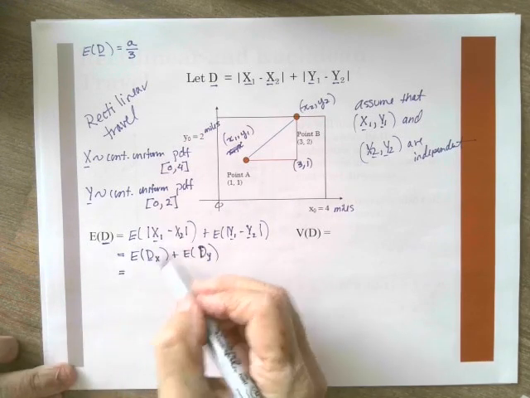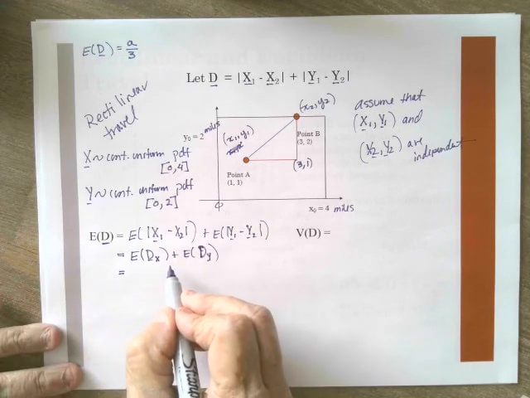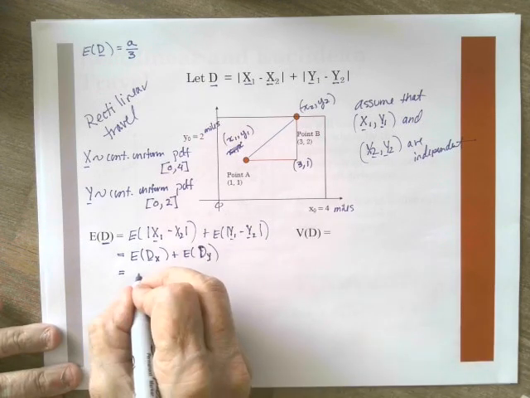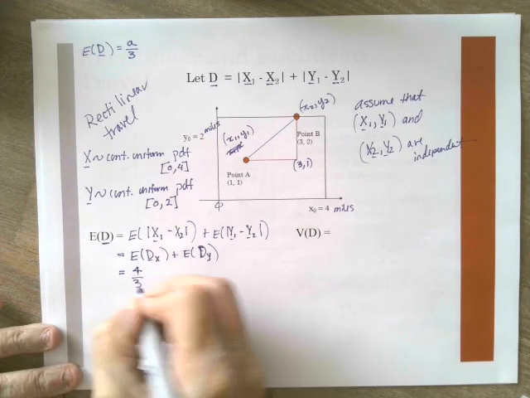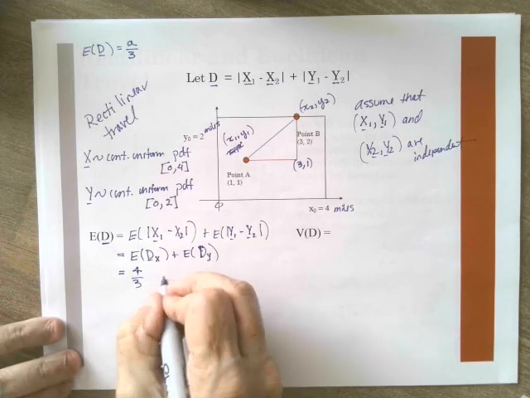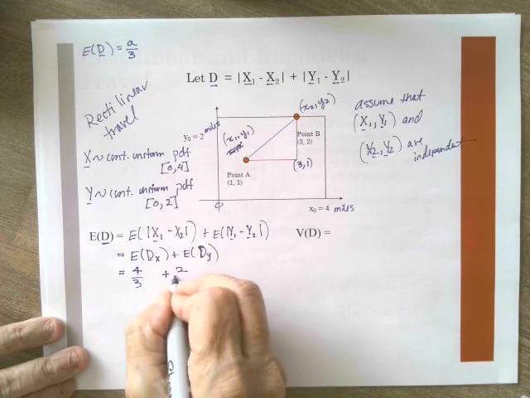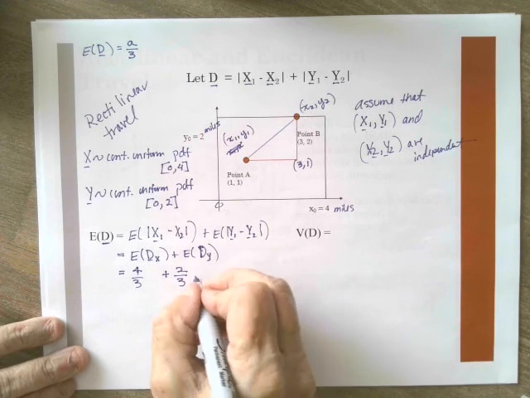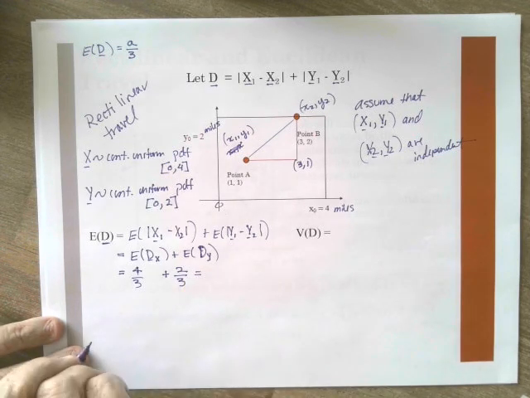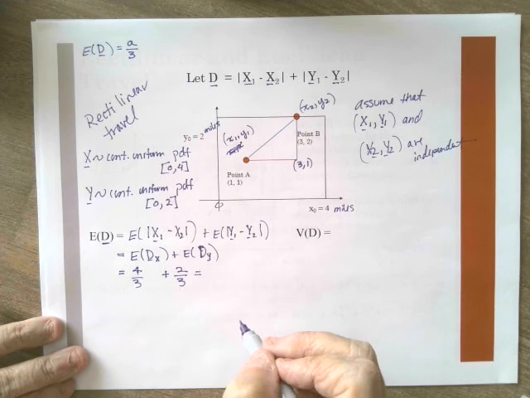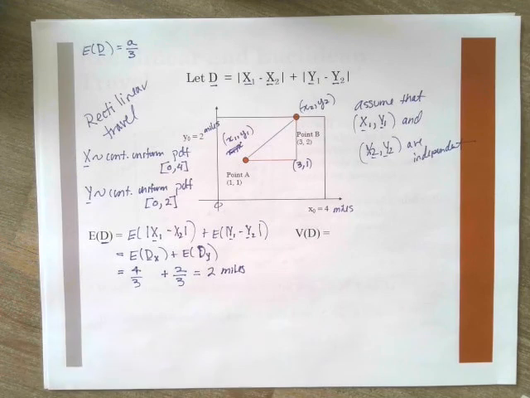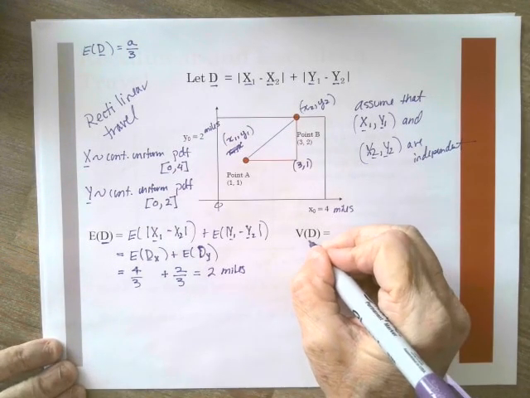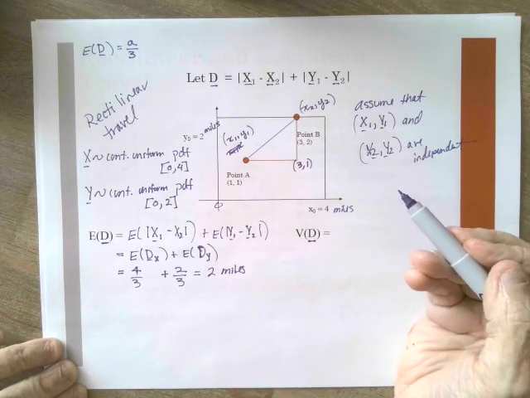And because these are things that we just developed, for the x direction we have 4 over 3, that's that A over 3 up here, plus we have 2 over 3, and so that gives us 6 over 3, and so the expected distance there is going to be 2 miles right there.